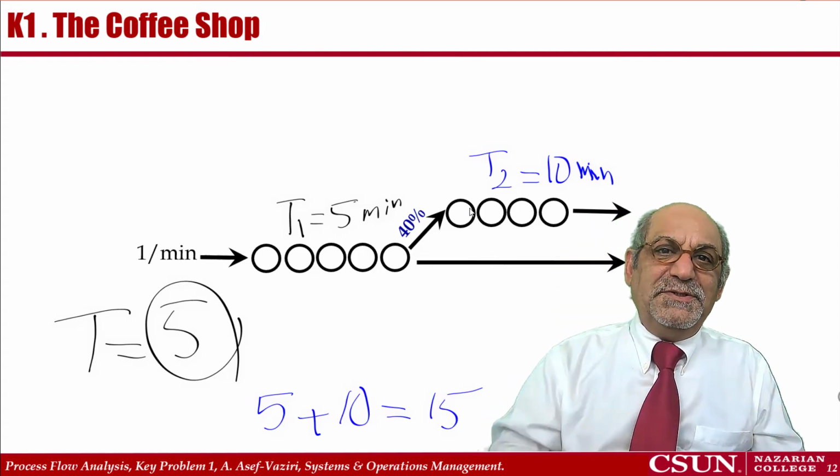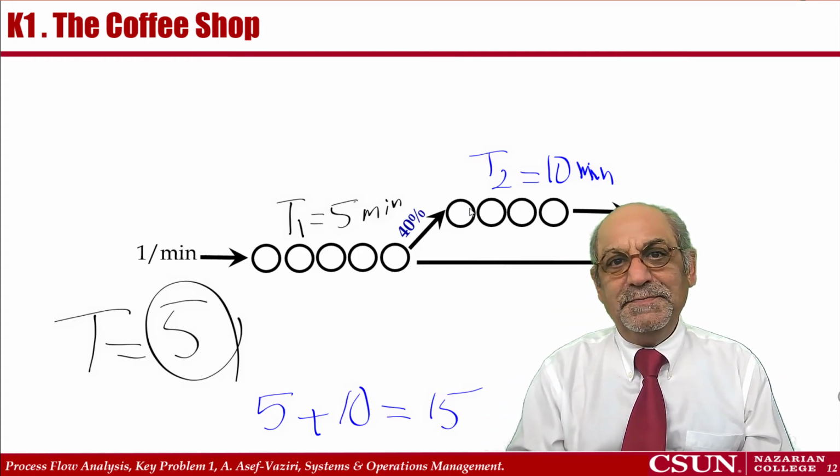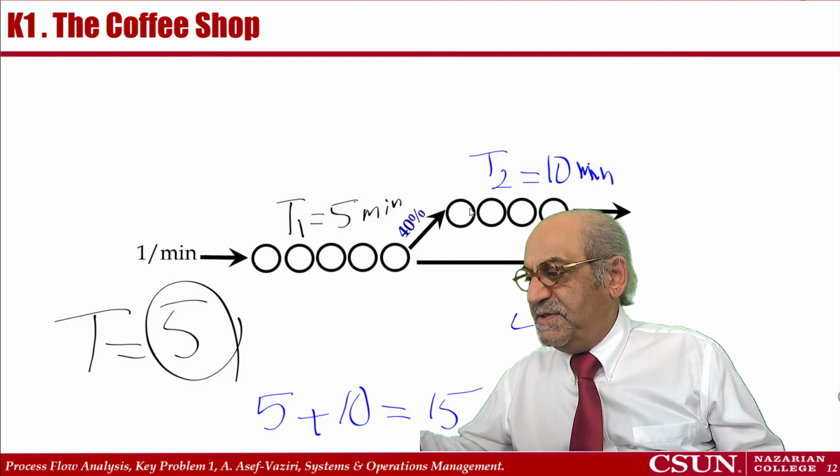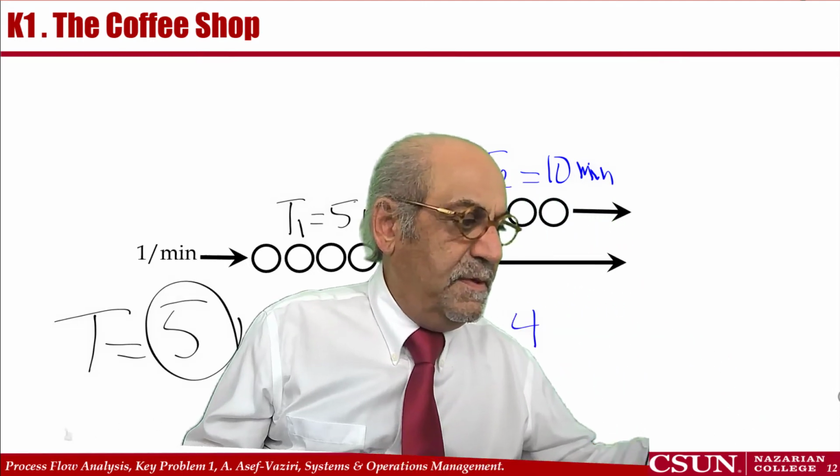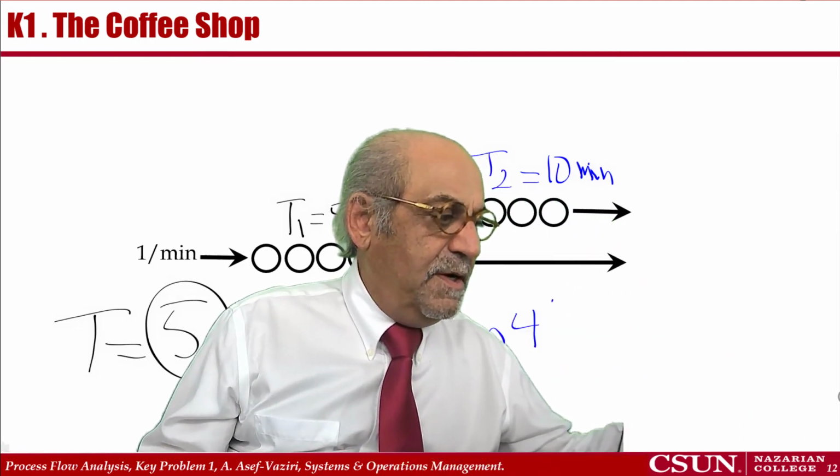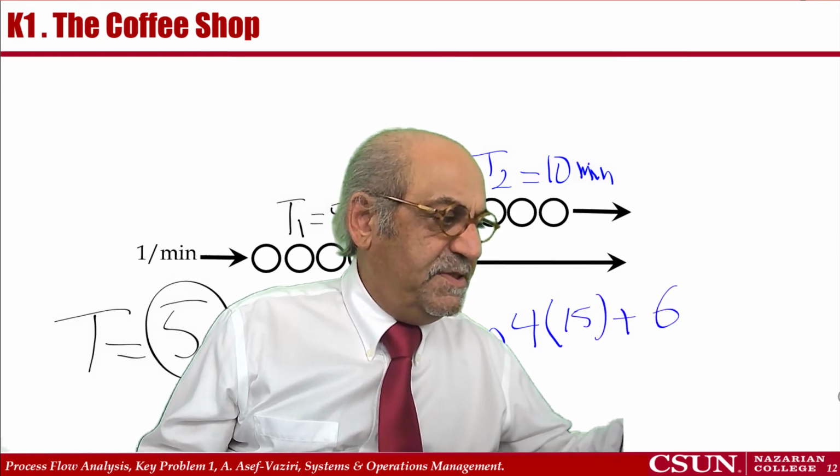There are 3 ways to answer this question. The first: 40% are there for 15 minutes, and 60% are there for 5 minutes.